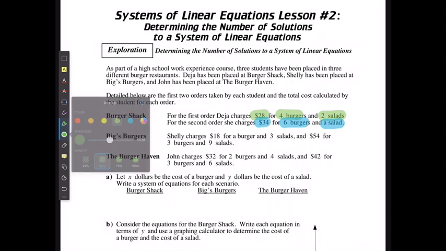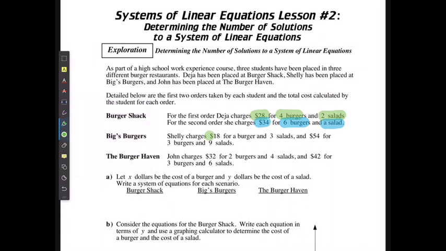At Big's Burgers, Shelly said that it was $18 for 1 burger and 3 salads, and that it was $54 for 3 burgers and 9 salads. And lastly, at Burger Haven, John said it was $32 for 2 burgers and 4 salads, or that it was $42 for 3 burgers and 6 salads.